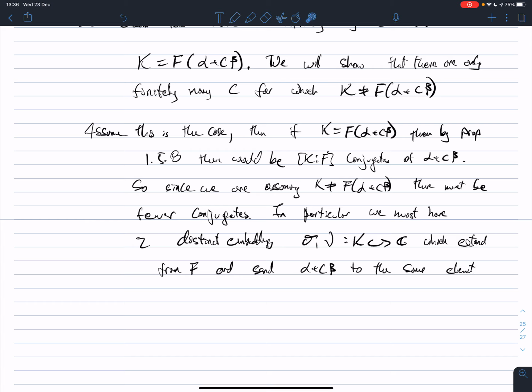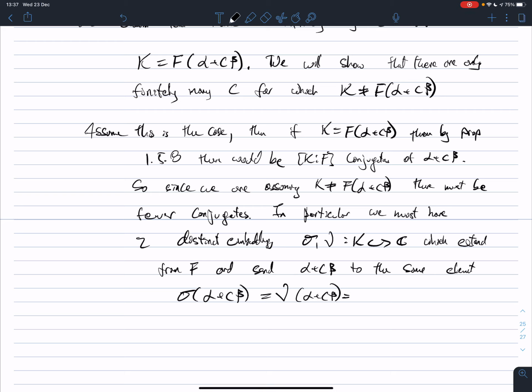So because I have less conjugates than I should have, I should have two embeddings from k into C which somehow extend from f, so they keep f fixed, and they both have to do the same thing to this element. So I must have sigma of alpha plus c beta equal to eta of alpha plus c beta.